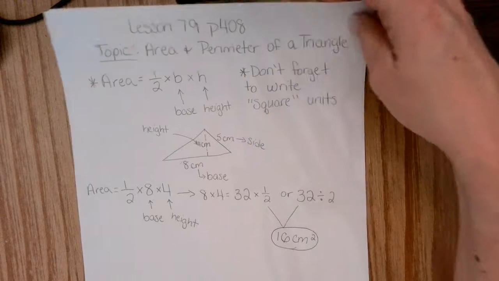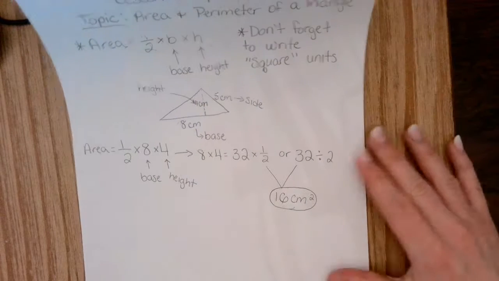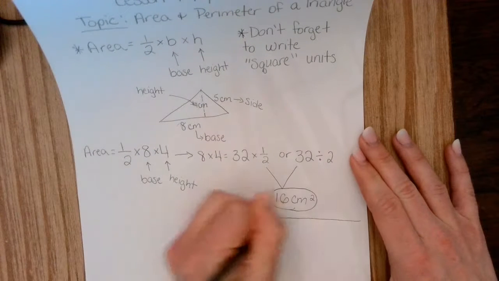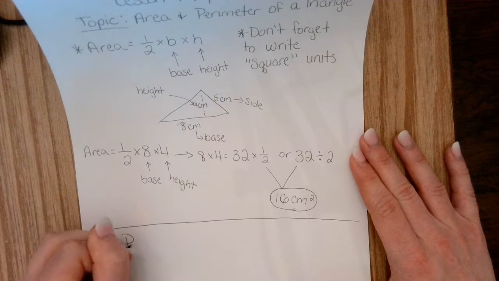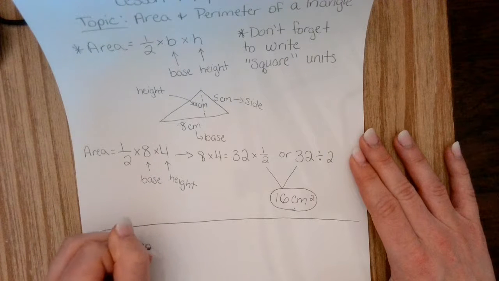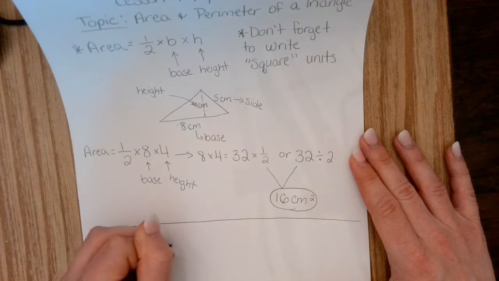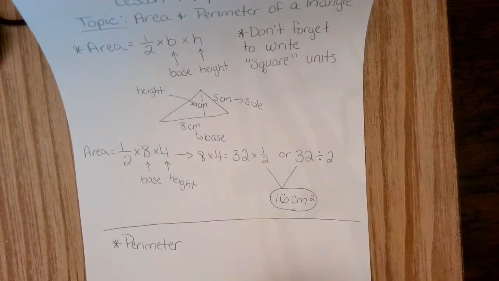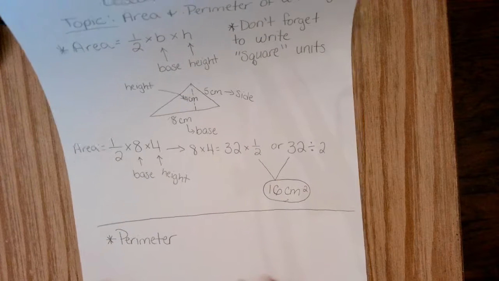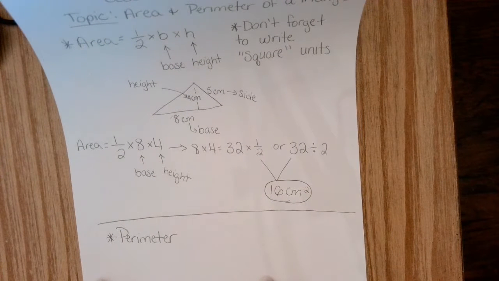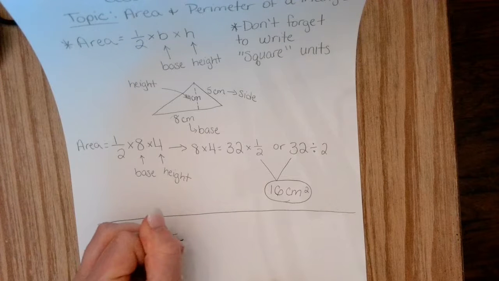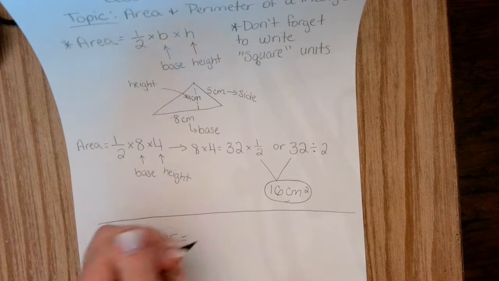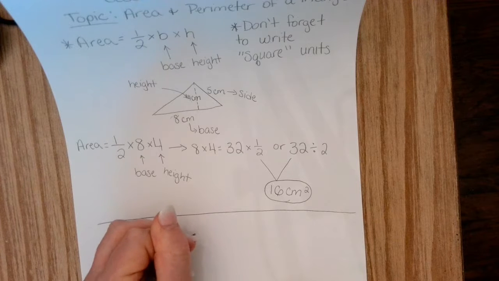Now let's look at perimeter, and we'll use the same triangle. So perimeter, we are just going to add up all 3 sides.